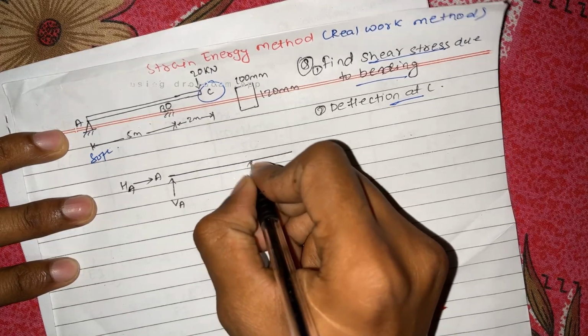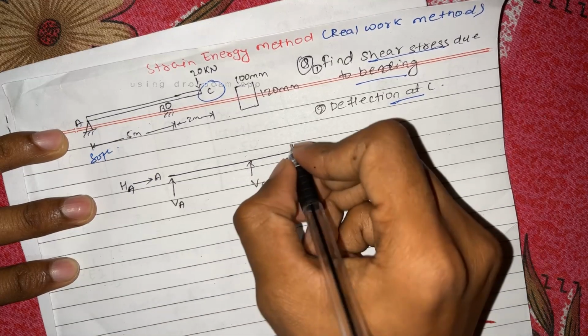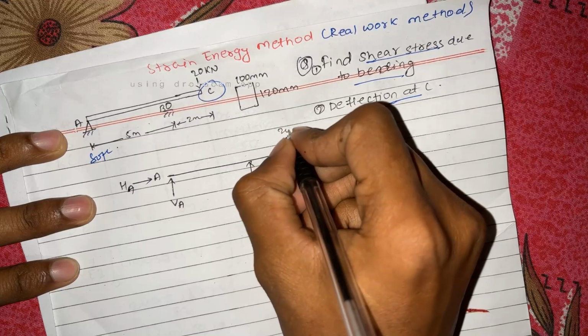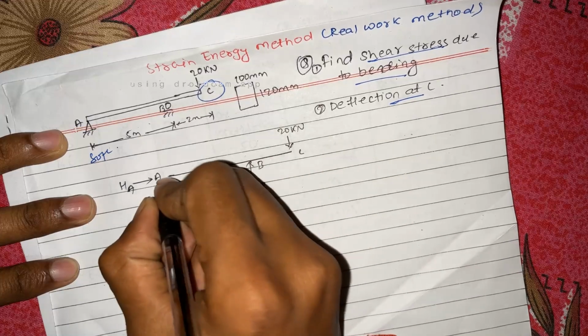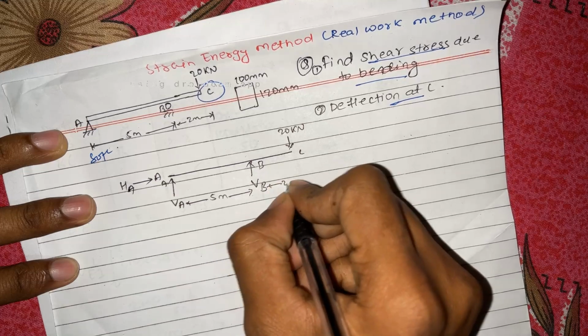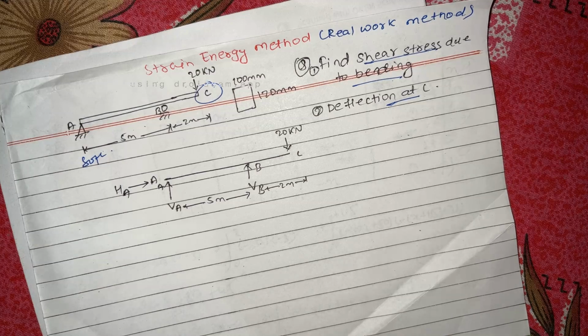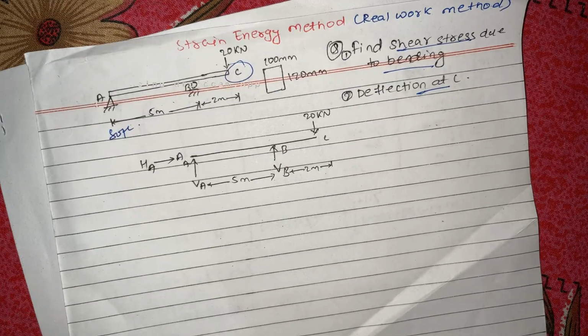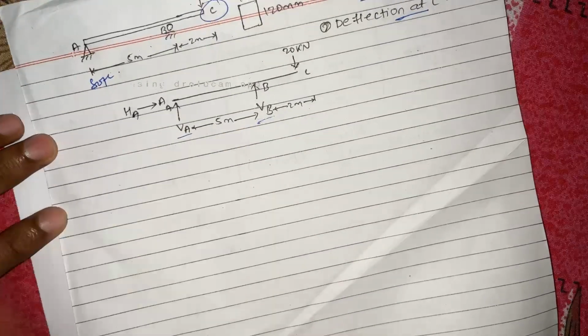Since a roller support just has a vertical force, we have BV, and we have here 20 kilonewton, and C and B and A, and we have a 5 meter distance, and similarly a 2 meter distance. So now let's find these forces through the equilibrium equations.